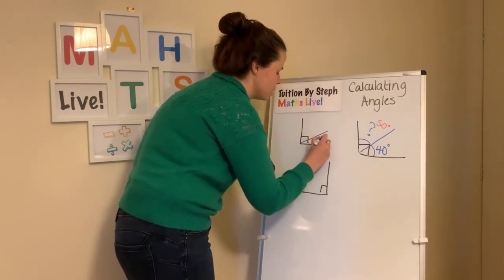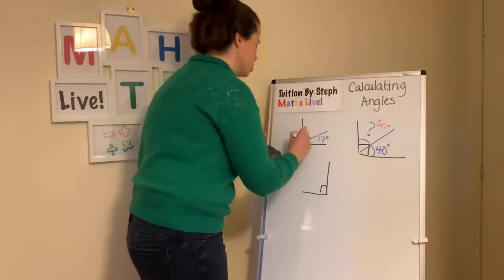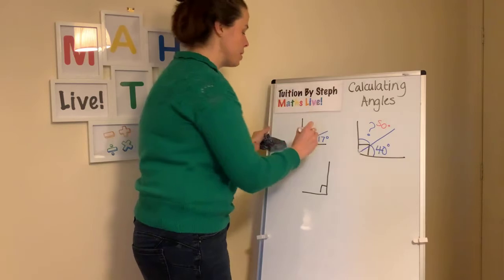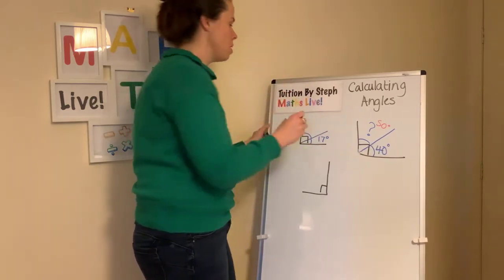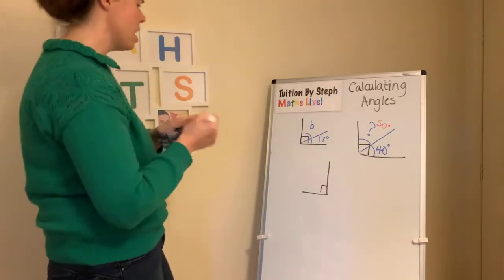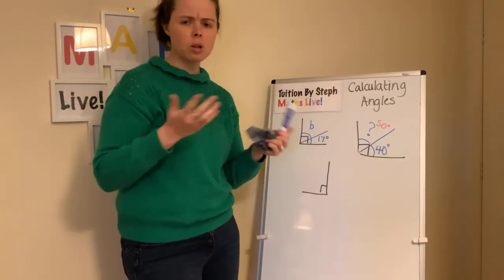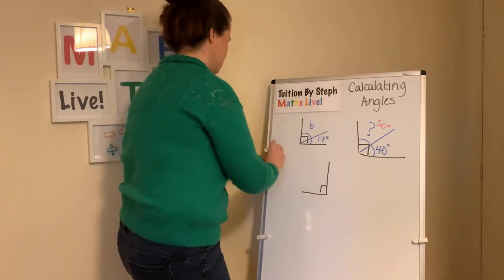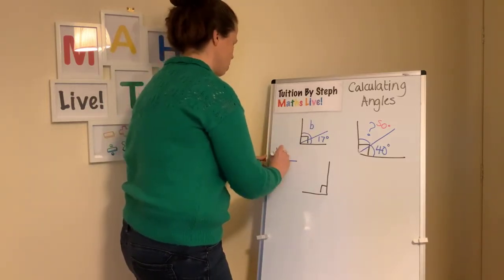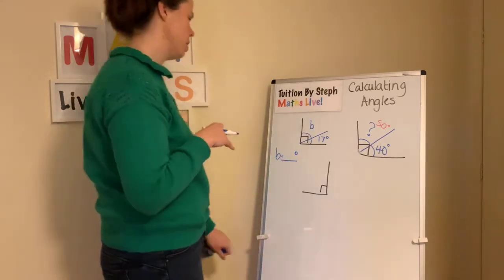I'm going to tell you that it's 17 degrees. This time it might not be a question mark, it might be saying, right, we're getting mathematical now, angle B. If we know that this angle is 17 degrees, what is the size of angle B? Definitely getting into key stage 2 territory now. Maybe even pushing a bit higher.